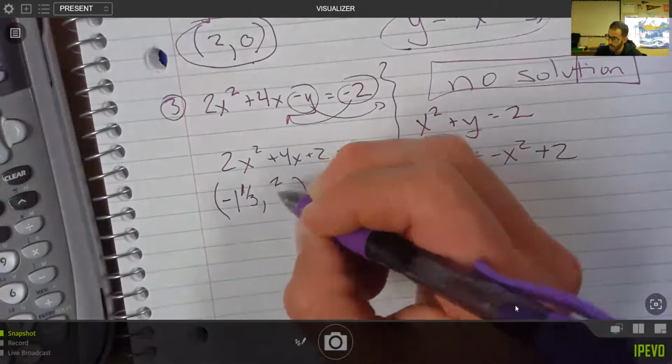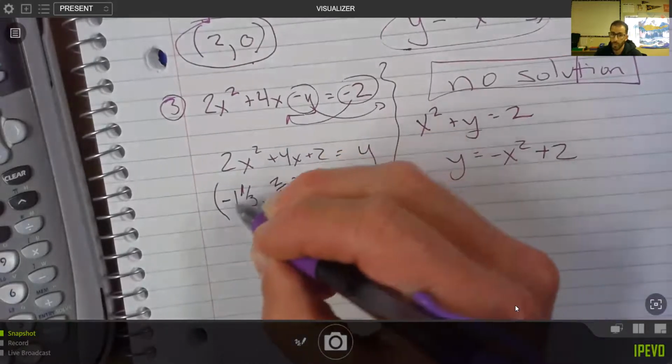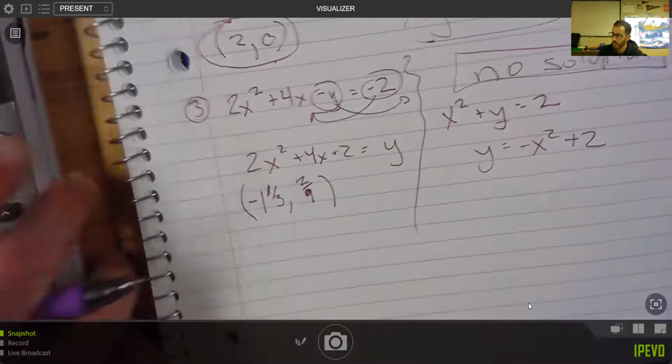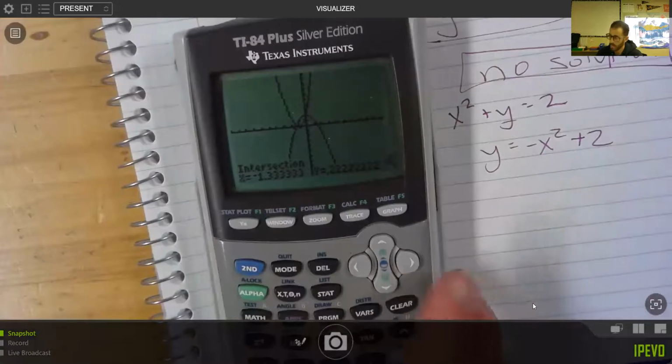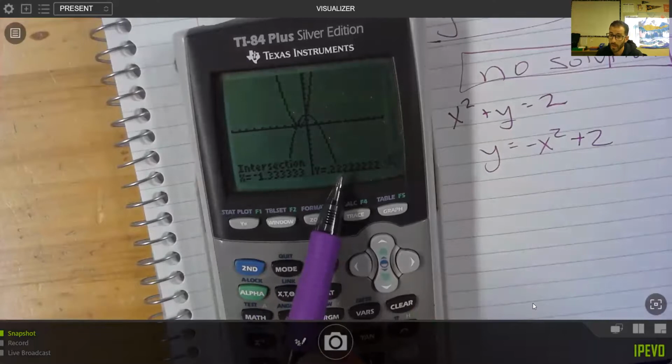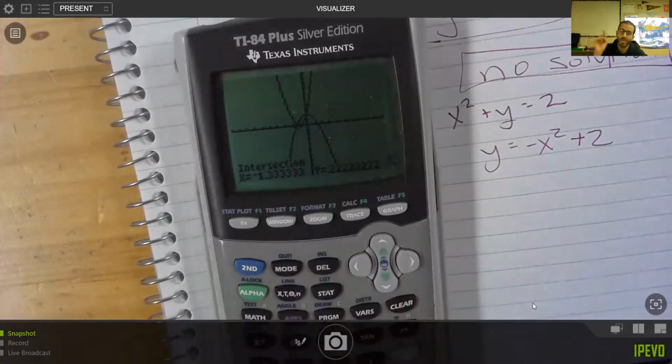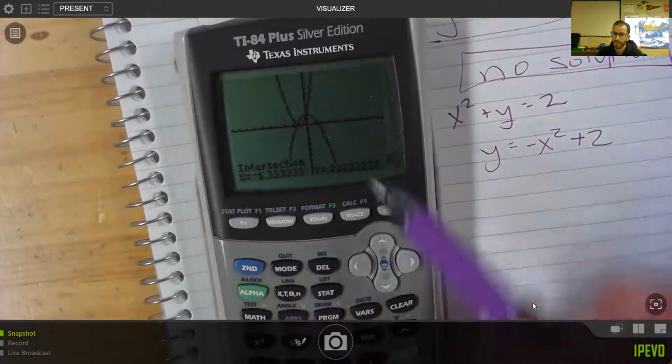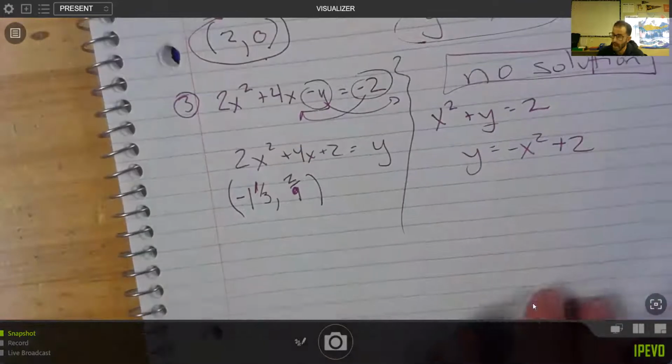So this is 2/9. -1 and 1/3 and 2/9. Now this is just 2 over 9. If it was a 4 repeating, it's 4 over 9. If it's a 6 repeating, it's 6 over 9, which simplifies to 2/3. Okay, over 9. All right, I found one of them.